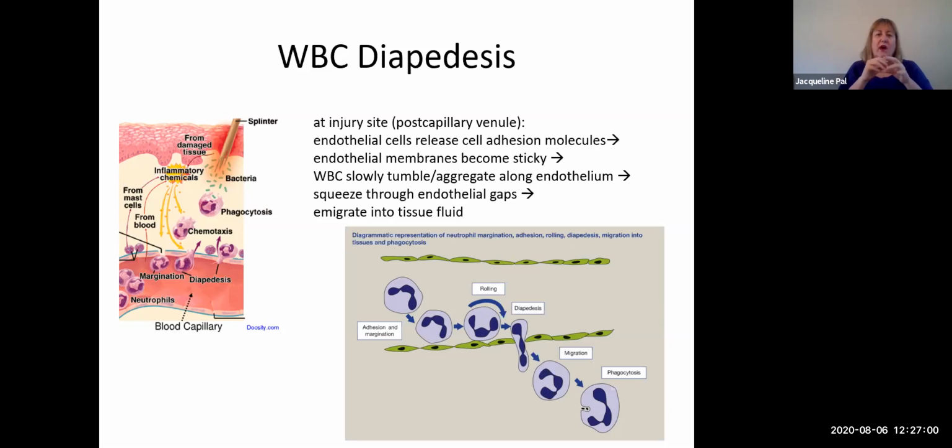So when white blood cells are slowly tumbling around, they're going to stick to this, and then they kind of walk along the surface of the endothelium until they can squeeze between gaps in the endothelium and set up a new colony at the site of injury in the tissue.